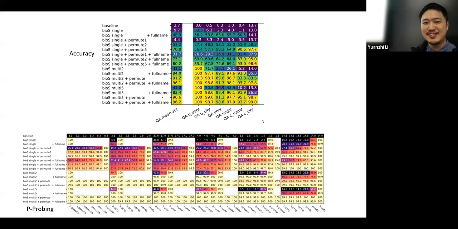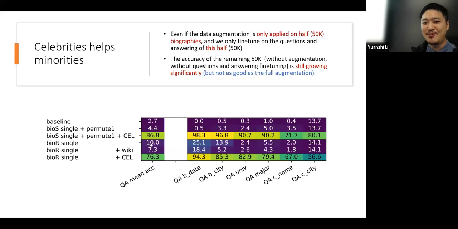As we recall, single plus permute one was the original accuracy if you have no augmentation at all for any people. But if you have the strongest augmentation on the 50K people, then you can see the accuracy of the remaining 50K is now very, very high.